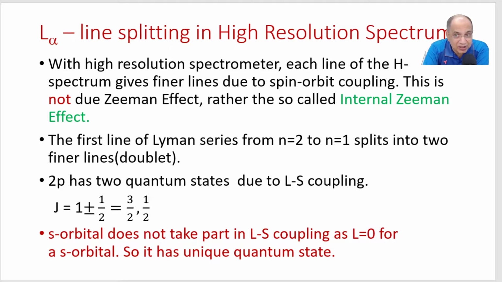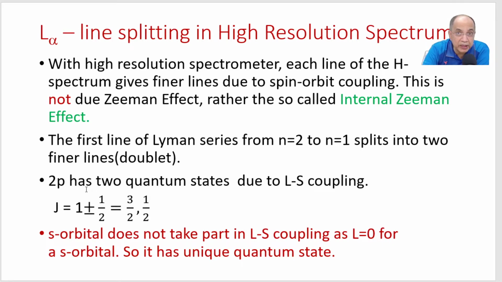So what happens here now? I'm taking n equal to 2 and n equal to 1, right? So 2p has 2 quantum states due to LS coupling. S will not have any coupling because it has zero orbital angular momentum. Got it?